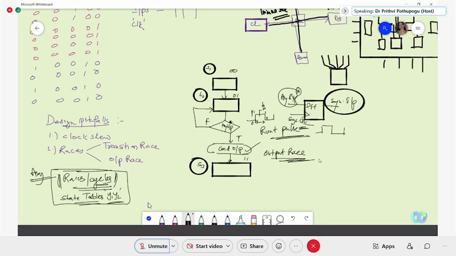Why is this race dangerous? Say this design is a conditional output, an alarm, a theft alarm. If you visualize, an input is happening, a sensor input. Say this is a sensor you are giving, and an asynchronous input is sensitized.